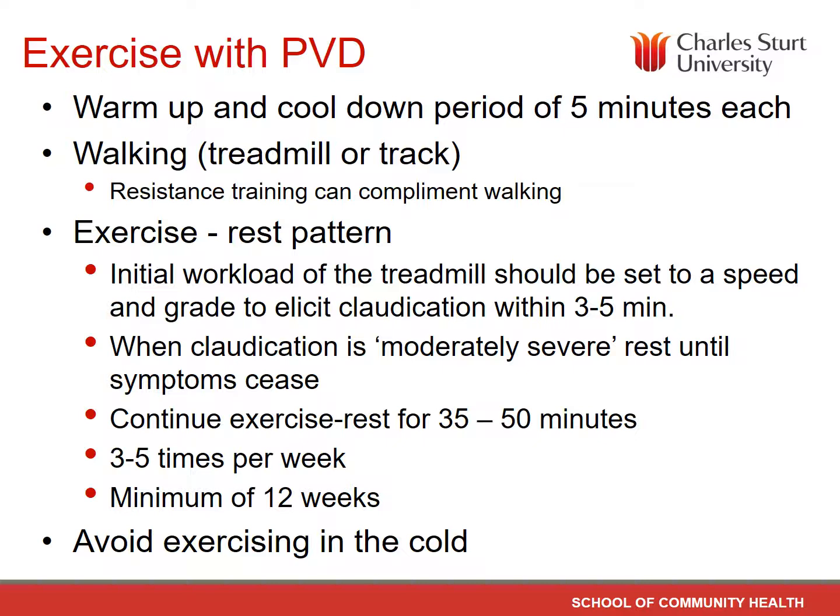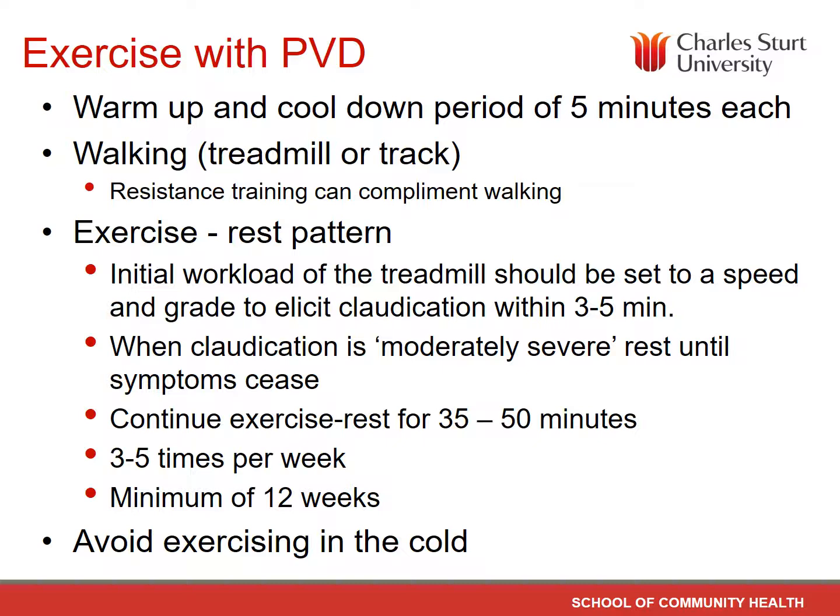So looking at some examples of exercising with peripheral vascular disease, like we've talked about before, the onset of exercise opens up those blood vessels going to working muscles. So being able to exercise with this disease is going to significantly improve the blood flow going to those peripheral vessels.